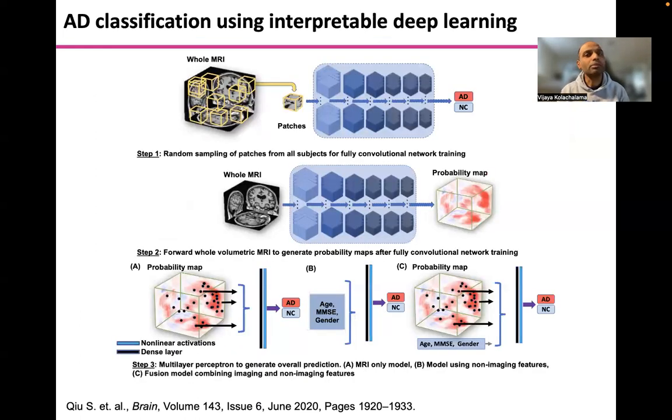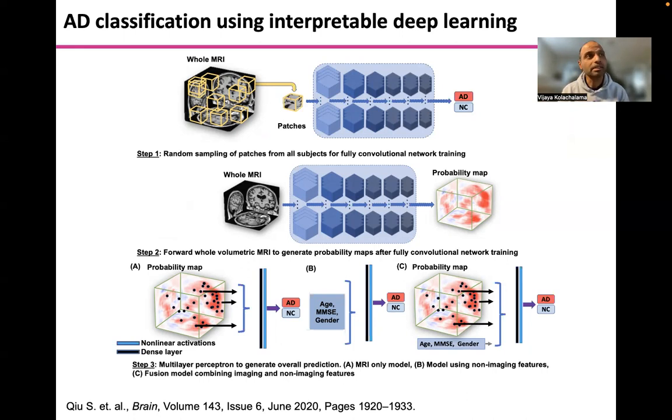One of our main motivations was to see if we could develop and validate an interpretable deep learning framework that could use readily available data such as imaging, demographics, and bedside cognitive testing to assess if a person has Alzheimer's disease.